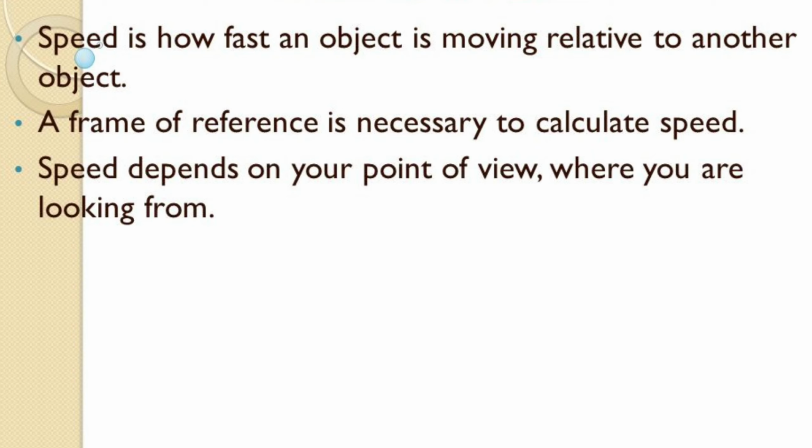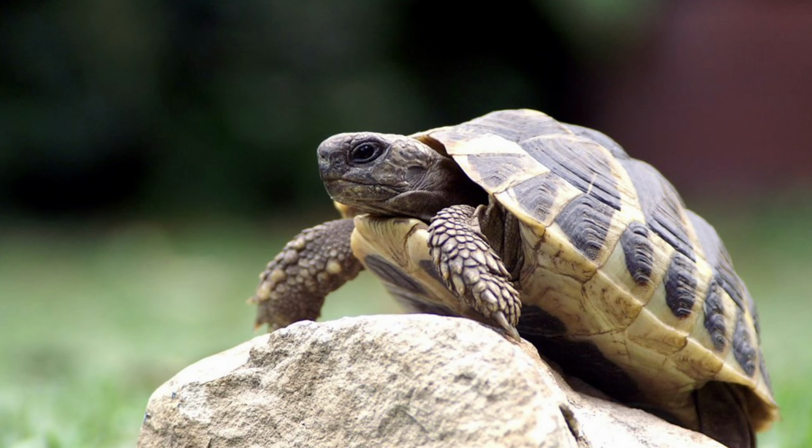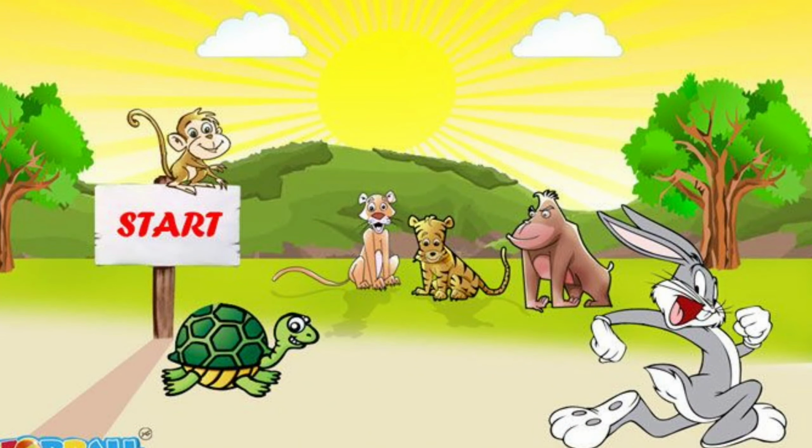This means that we can find out whether an object is slow or fast by knowing its speed. A slow-moving object is said to have low speed. A fast-moving object is said to have high speed. This is considering the objects have the same type of motion and are being observed from the same position.